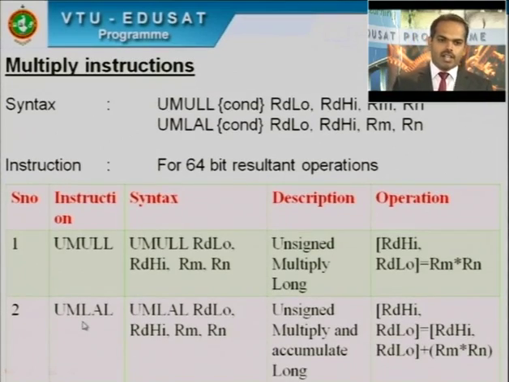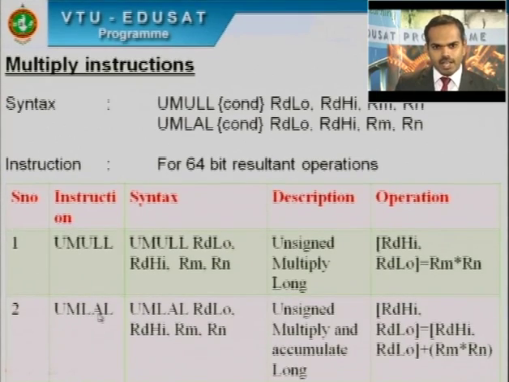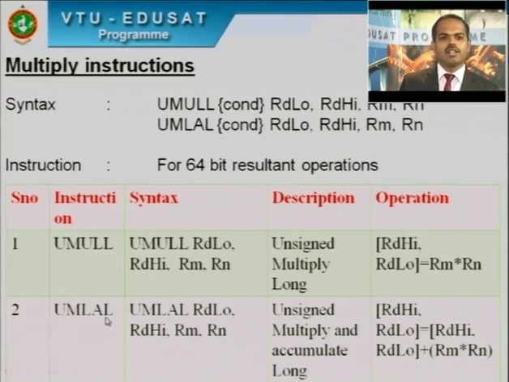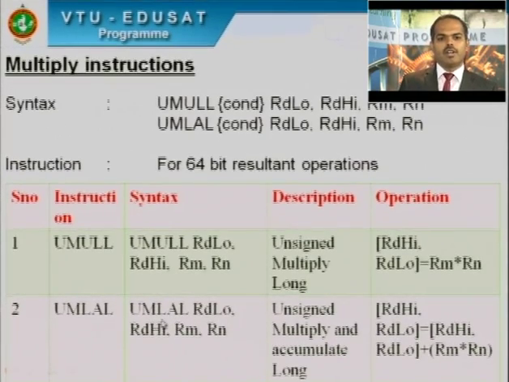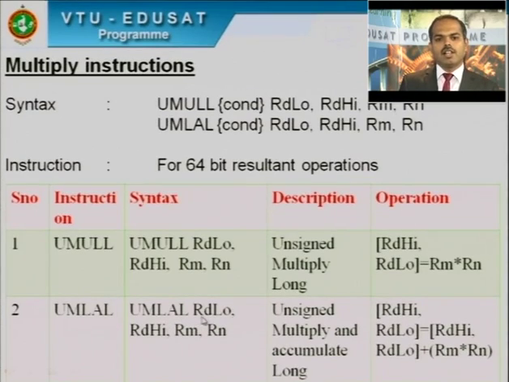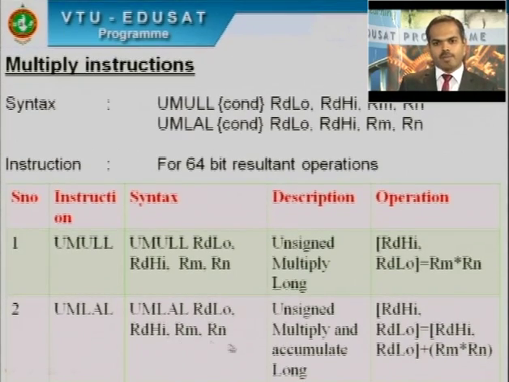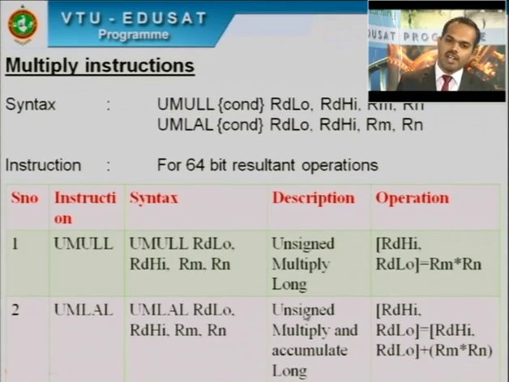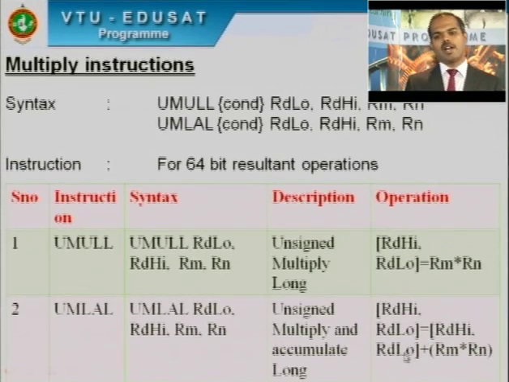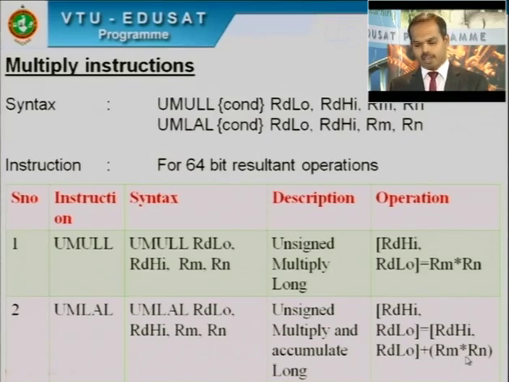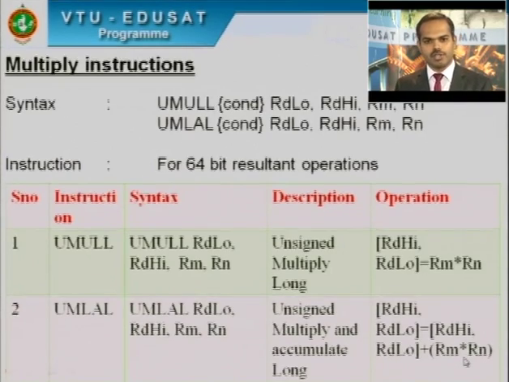Similarly, look at the second example, the UMLAL instruction. The syntax is UMLAL RDLO, RDHI, RM, RN. The description is unsigned multiply and accumulate long. The operation here is RDHI, RDLO equals RDHI, RDLO plus RM into RN. Let's look at examples for these two instructions.